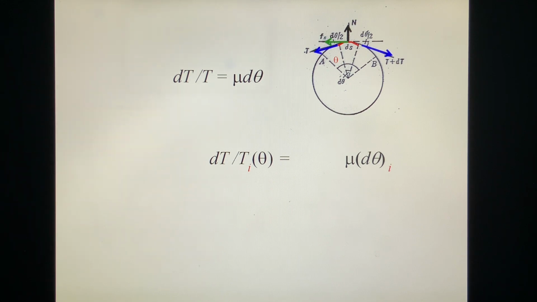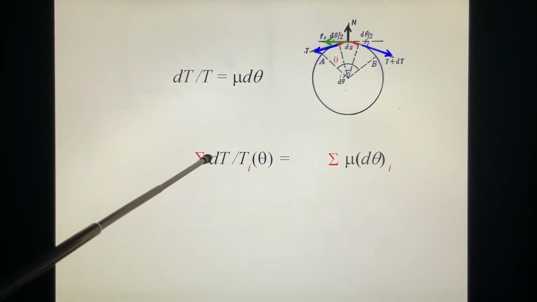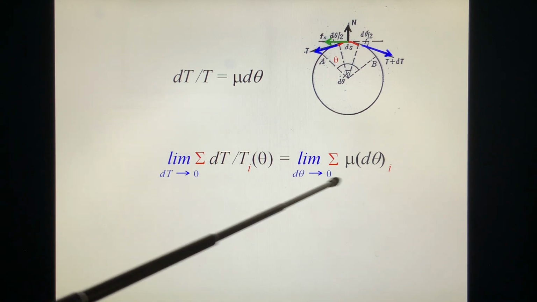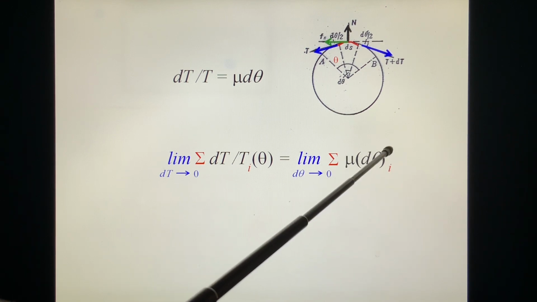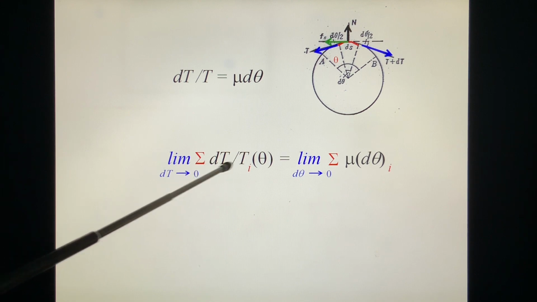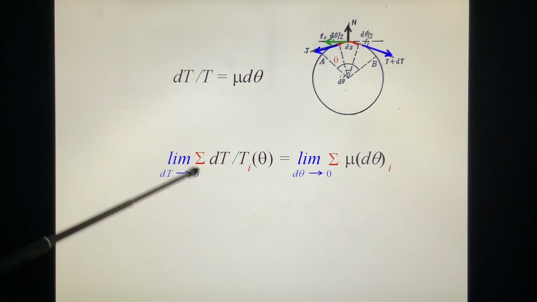Then we put them together with a sigma. And we let d theta or dT approach the limit. Can you? Yes. This is the definition of integration: mu d theta, as d theta approaches 0 in the limit, and dT over T integration, as dT approaches 0 in the limit.